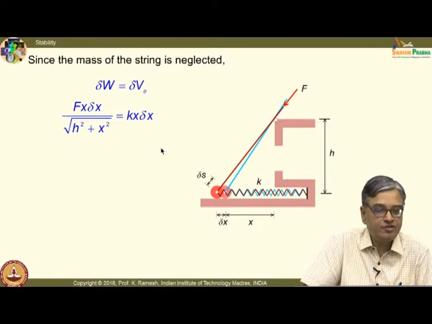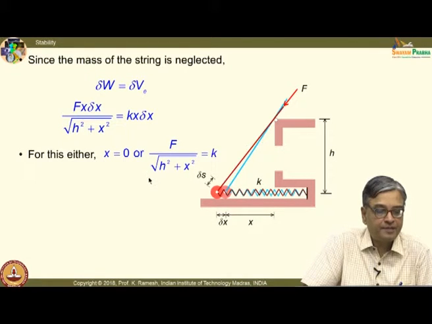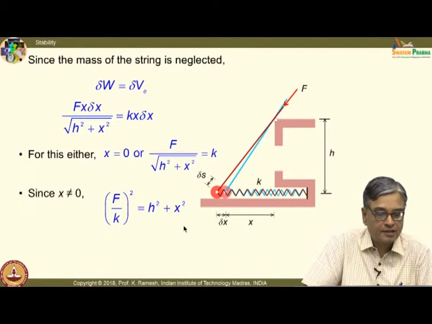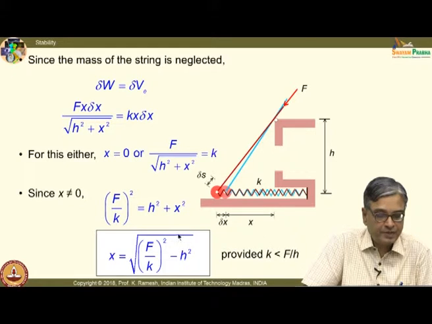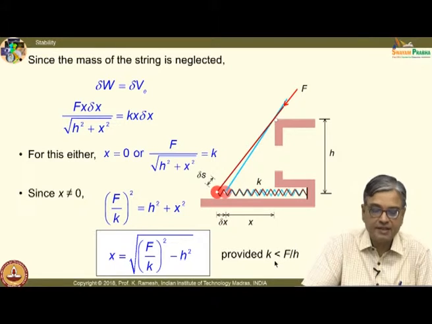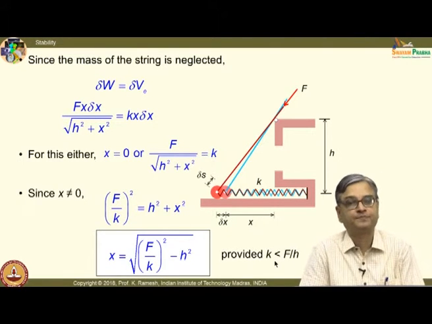So, I can easily solve for the relationship between x and f. So, x could be 0 or f by root of h squared plus x squared equal to k. When you solve for this, I get the expression for x as square root of (f by k) whole squared minus h squared, and you also have a condition, provided k is less than f by h.